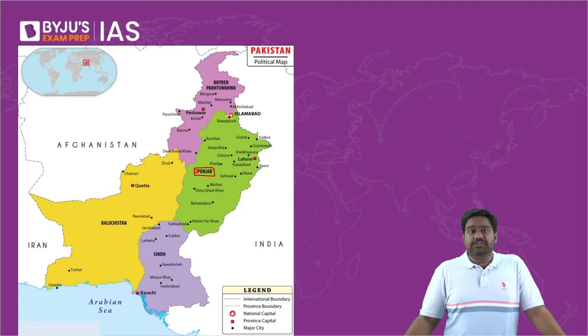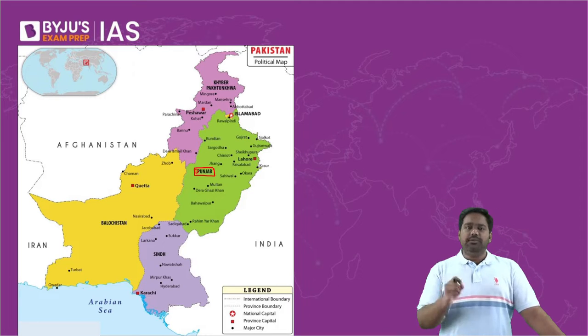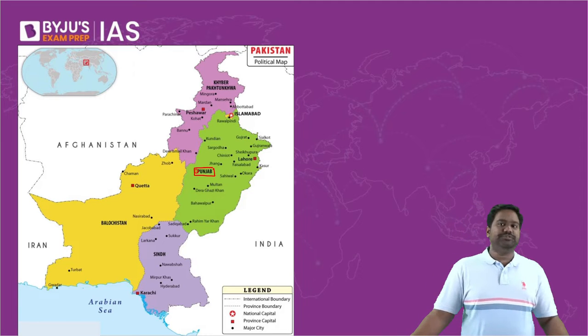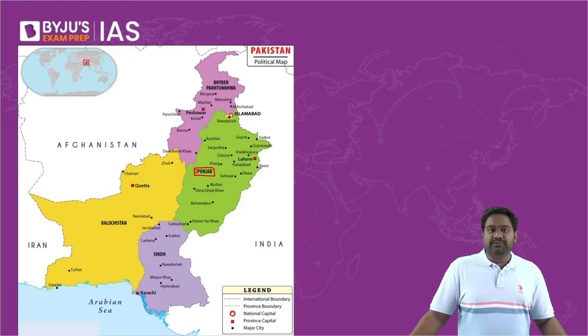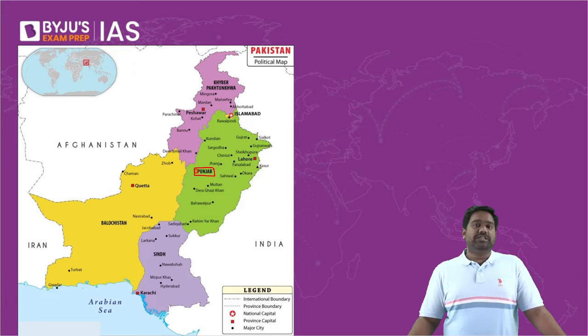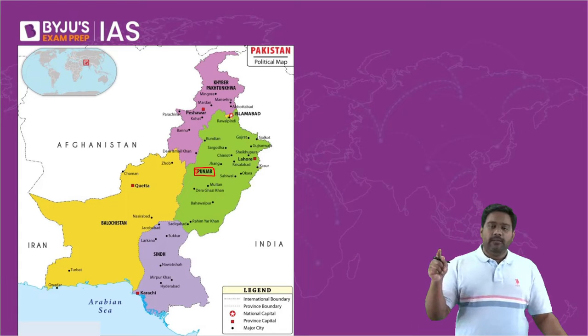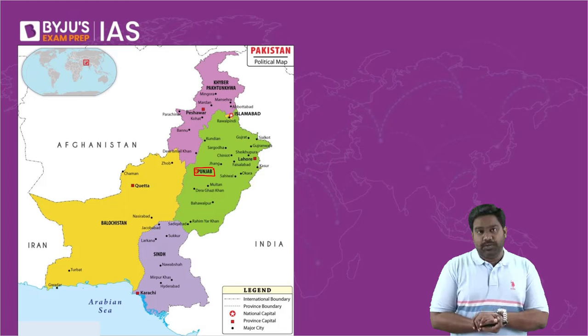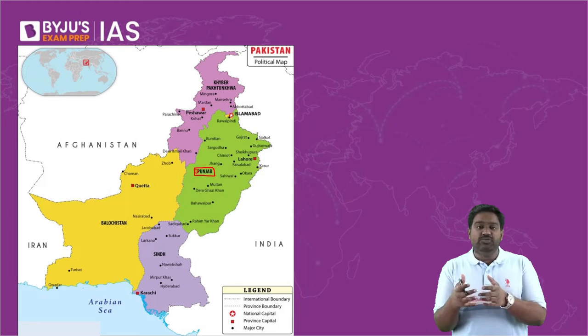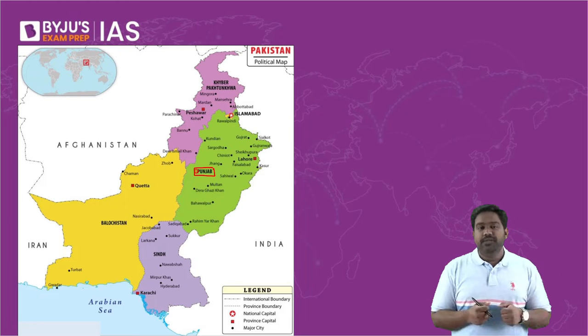The Punjab region has been the most dominant region in Pakistan's politics since 1947 till date, right? The Punjabi elite have been the most influential and dominant class in Pakistan's politics. We were mentioning this under the liberation of Bangladesh war as well. We discussed how the Bengalis were oppressed by the Punjabi elite, correct?